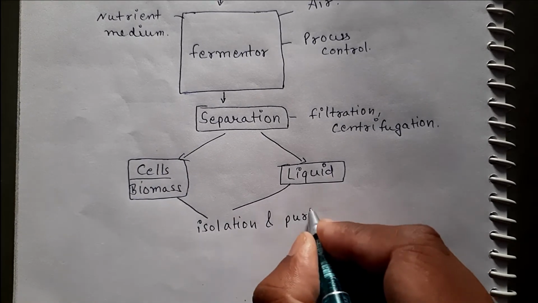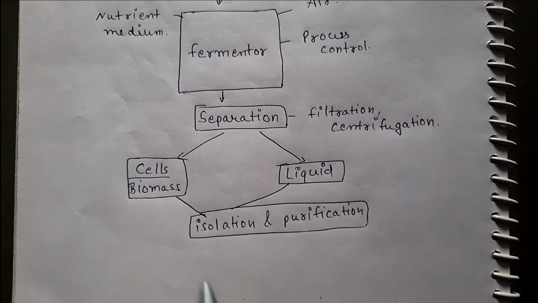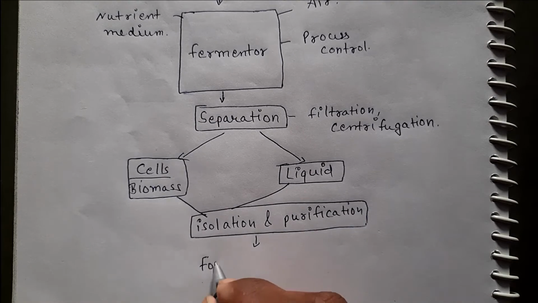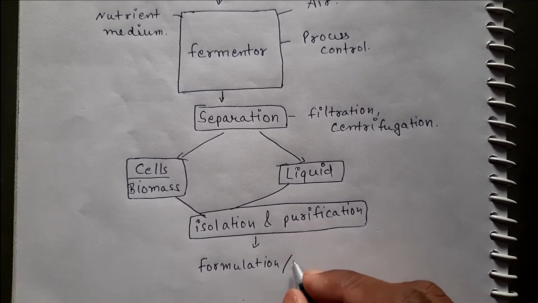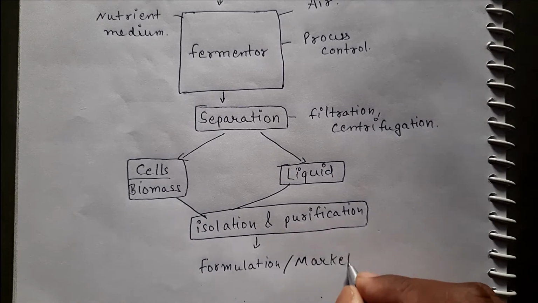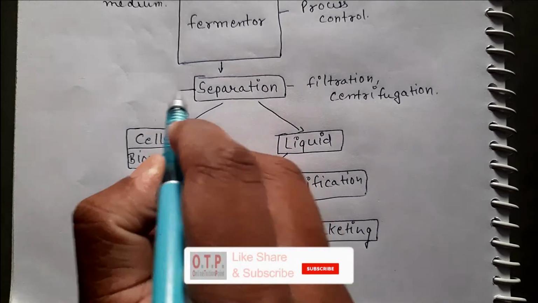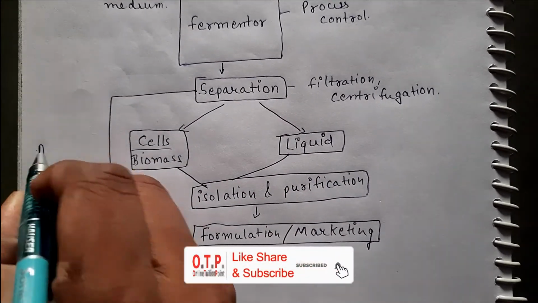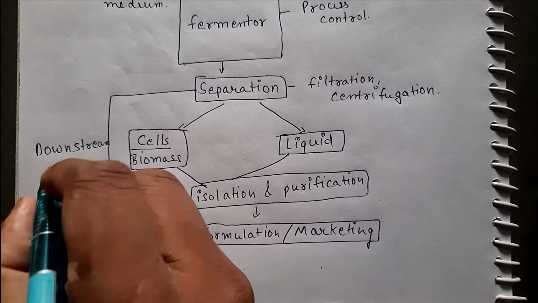Then isolation and purification of the desired product occur, and then marketing occurs. That means now we have to sell that product too. For this purpose, packaging, storage and marketing occur, and this complete step from separation to formulation and marketing is called the downstream process. After fermentation, all the processes are downstream processes.